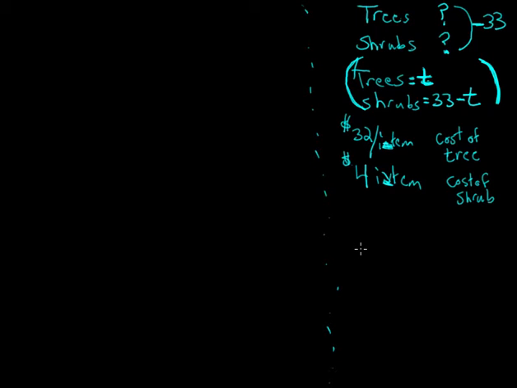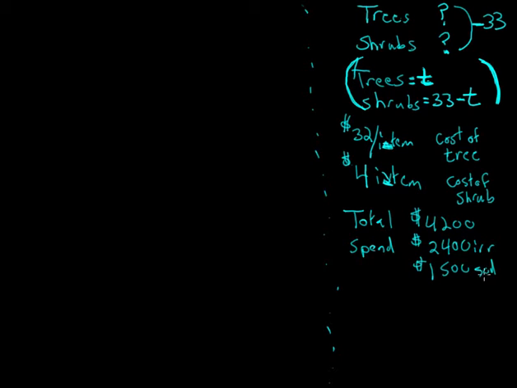All right, so they have a total budget, which I'm just going to call total, of $4,200. They spend $2,400 on irrigation and $1,500 on the sod.